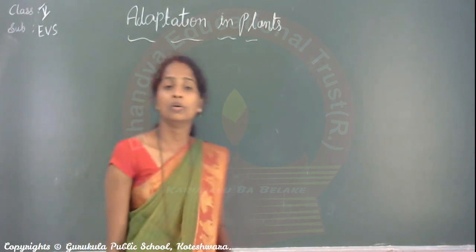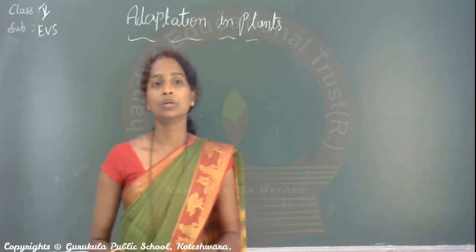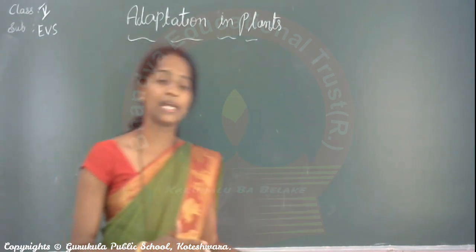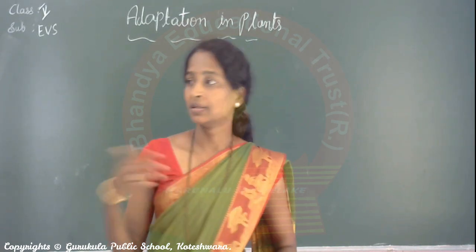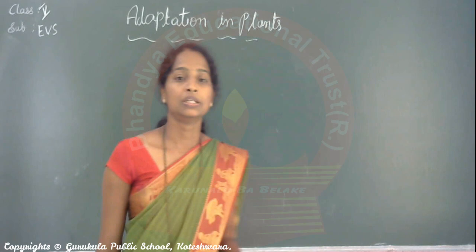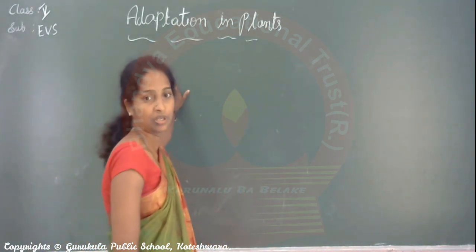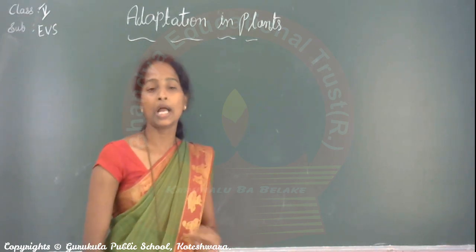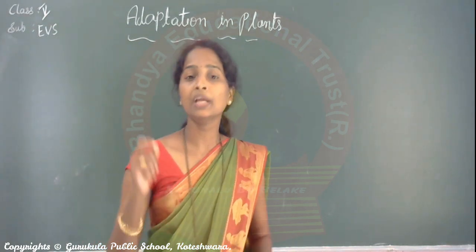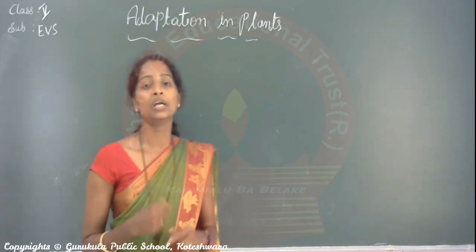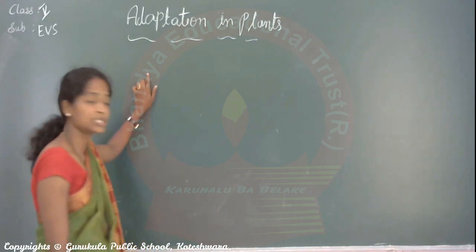In the previous class, we discussed that different plants can live in different areas, different climates. Why? Because of adaptation. What is adaptation? Already I told you what adaptation is.